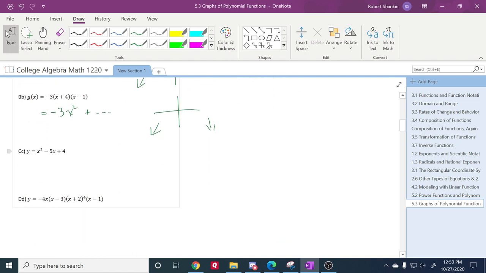State the end behavior of the next two, C and D. And let me give you 30 more seconds.